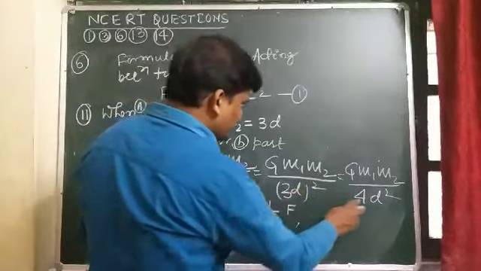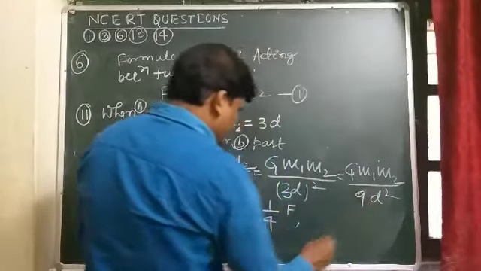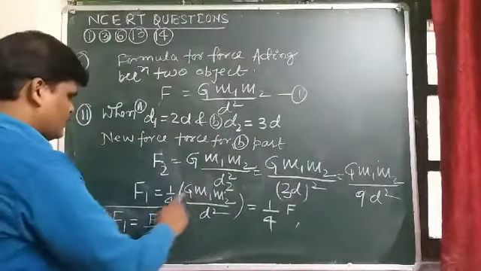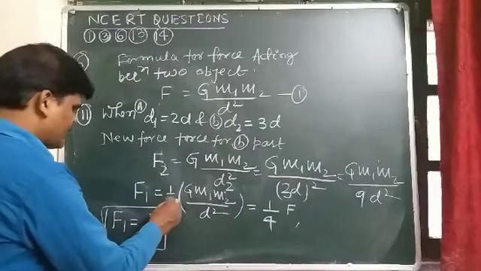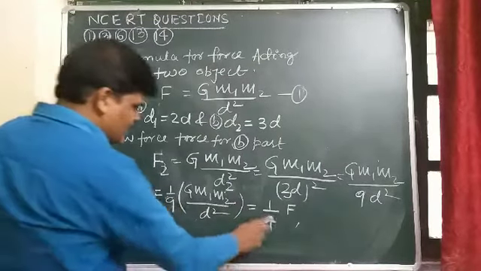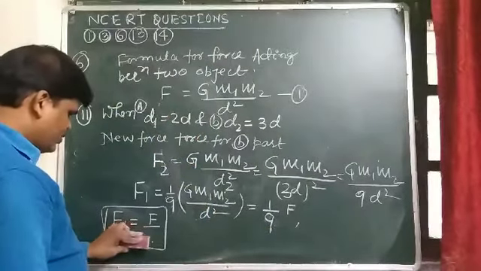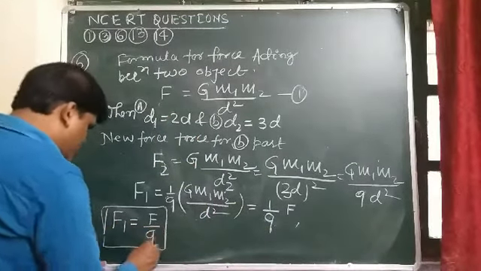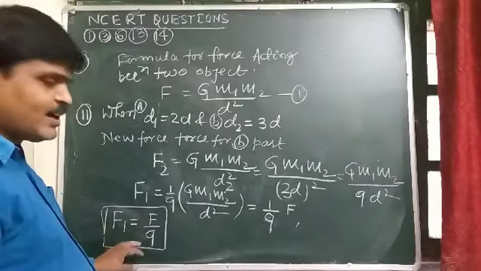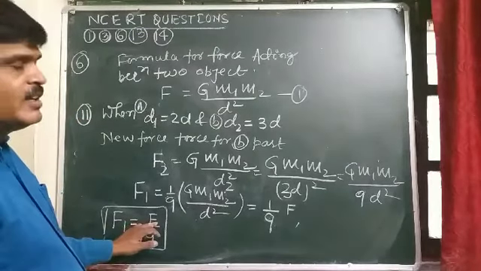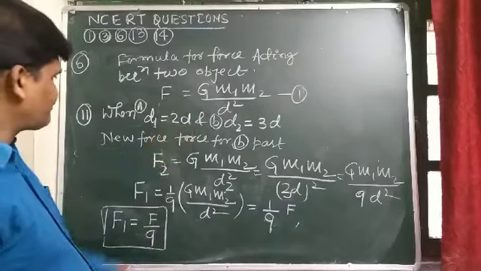G M1 M2 over (3D) squared is G M1 M2 over 9D squared, so 1 by 9 comes here. In the same way, you find that the new force comes out to be reduced by a factor of 1 by 9 than the initial force acting between them.